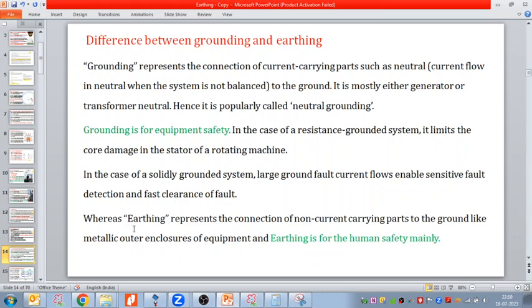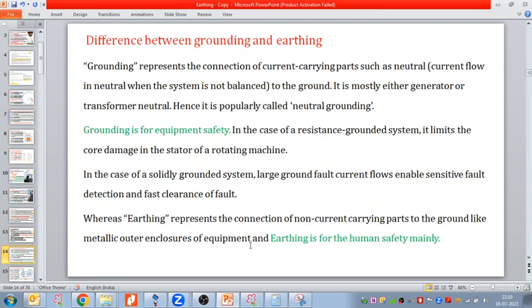Whereas earthing represents the connection of non-current carrying parts to the ground, like the metallic outer enclosure of equipment, which does not carry current or is not designed to carry current, right? So the connection of non-current carrying parts to the ground is called earthing.